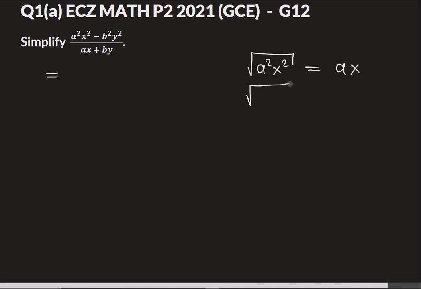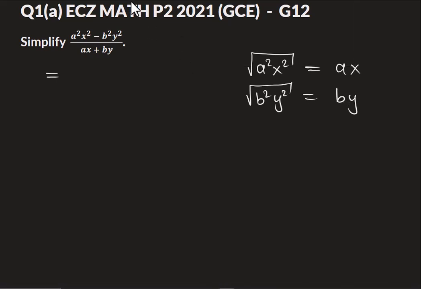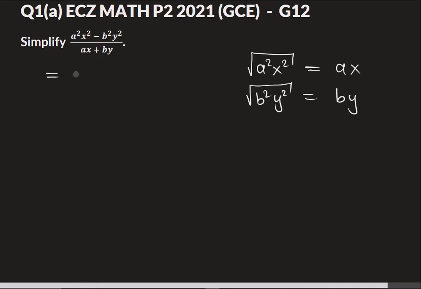The same thing will happen for the b squared y squared term. Our final answer is going to be by. We multiply by by itself, we're going to have b squared y squared. Now, since we know the square roots of what's in our numerator, we can continue with writing our solution.